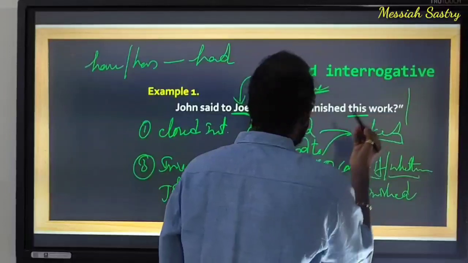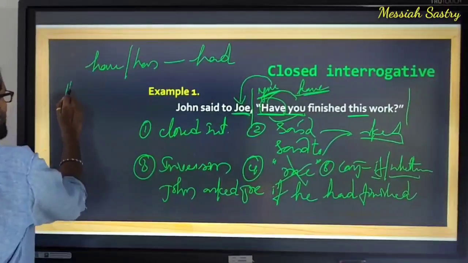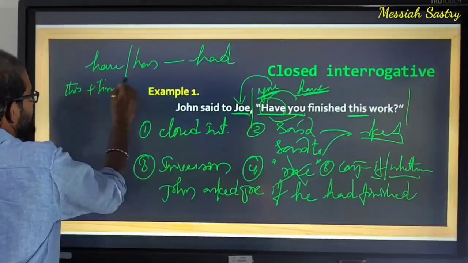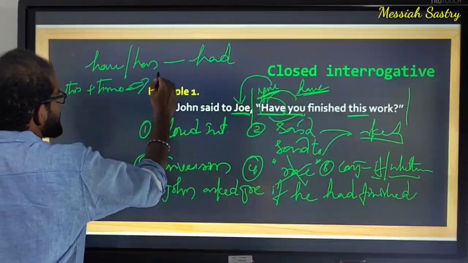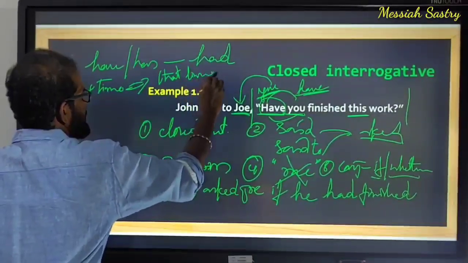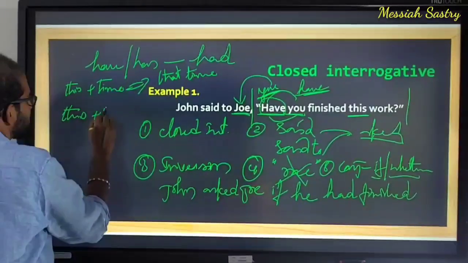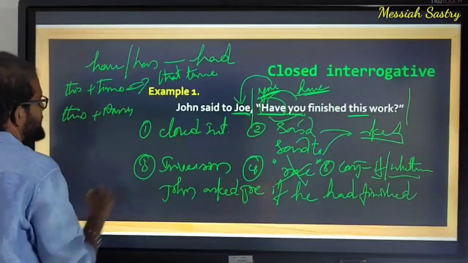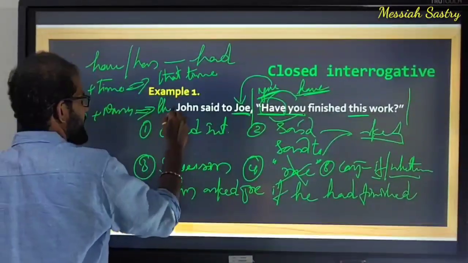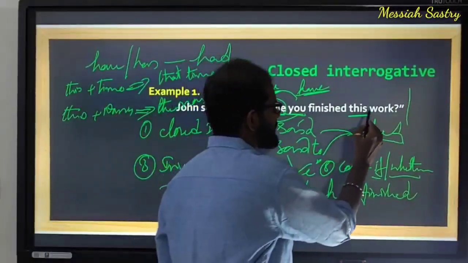Remember, this plus time changes to that plus time. When it comes to this plus noun, it changes to the plus noun. Now look at the word after this: work.